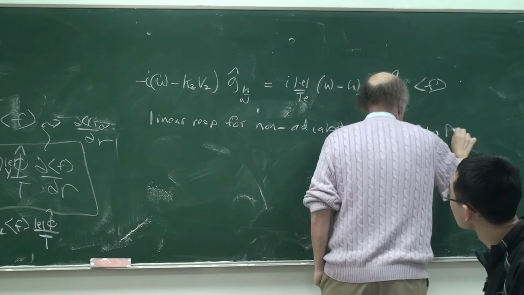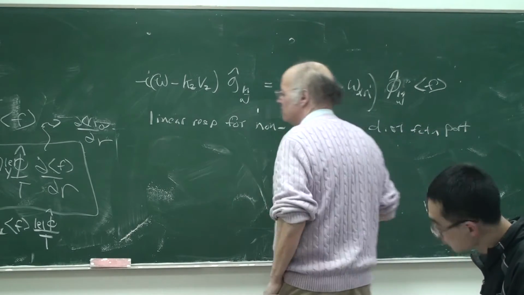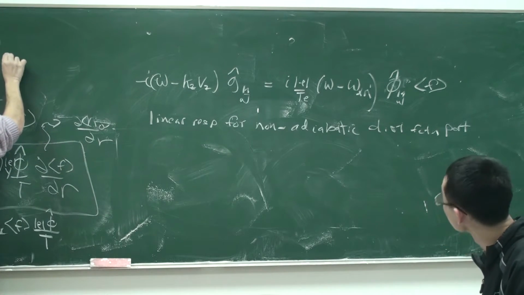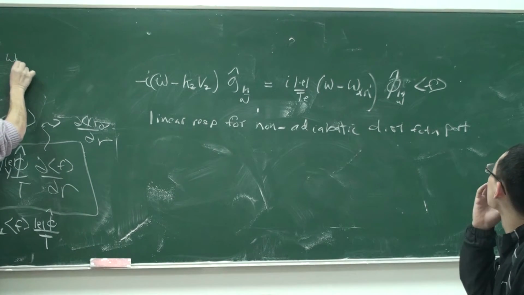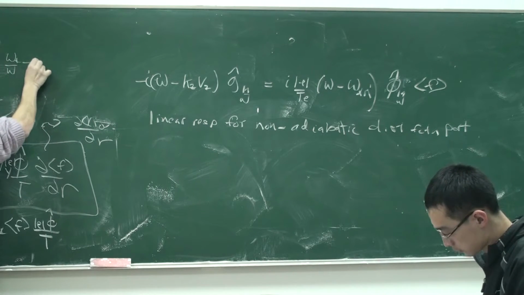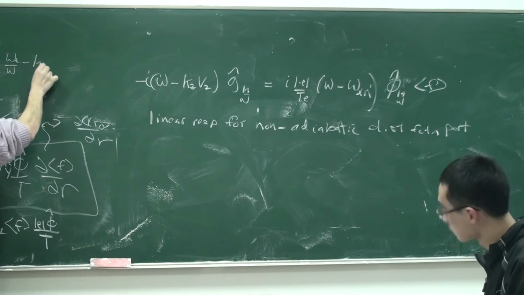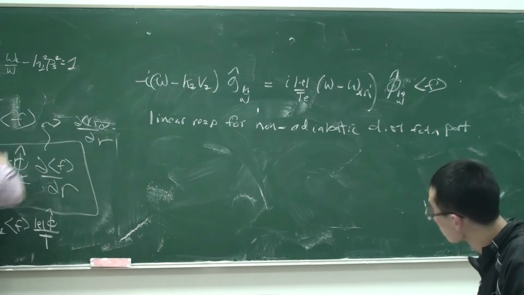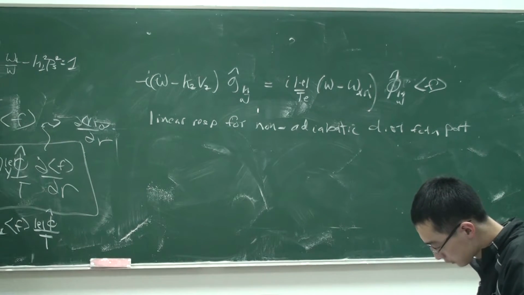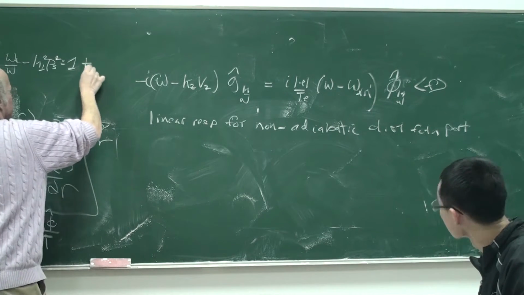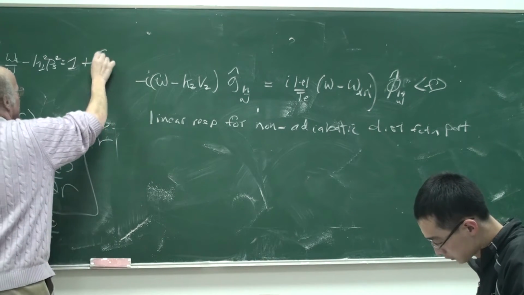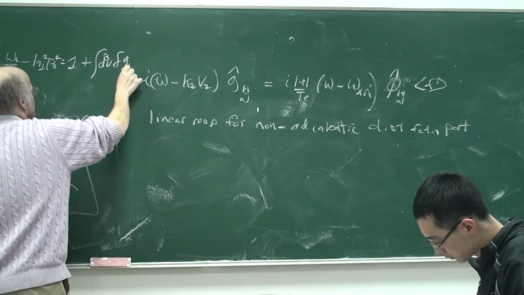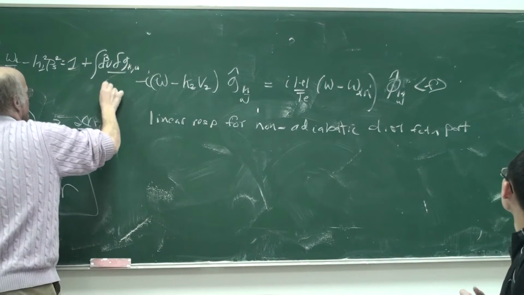Remember, what we're going to do is, let me fill this in here. I'm going to write basically omega star over omega minus k perp rho squared is equal to 1, plus basically the integral d cubed v of delta g of k omega over delta phi.